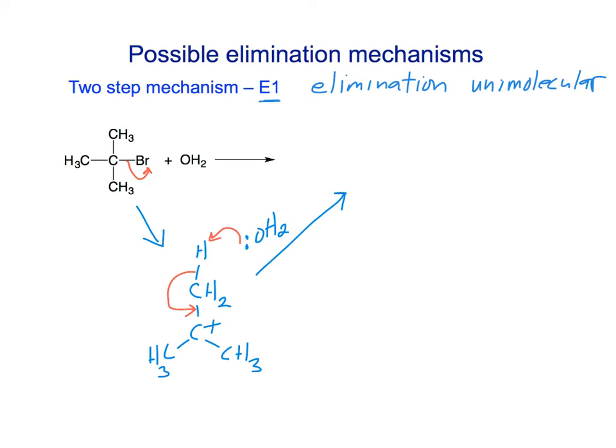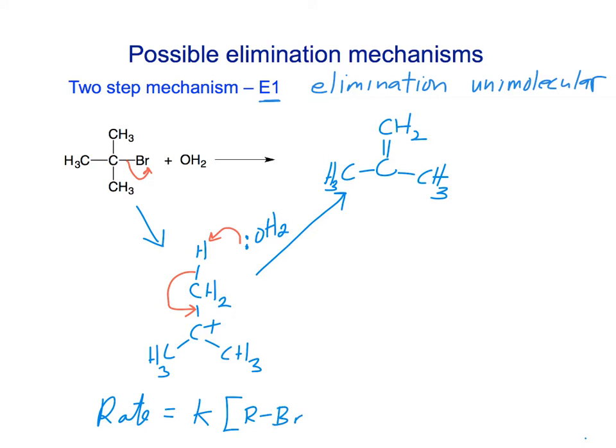If we follow those arrows, we generate this alkene. Because it's unimolecular, the rate equals k times the concentration of the alkyl halide.